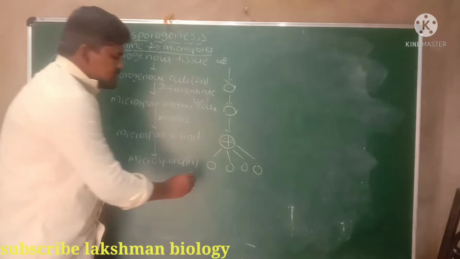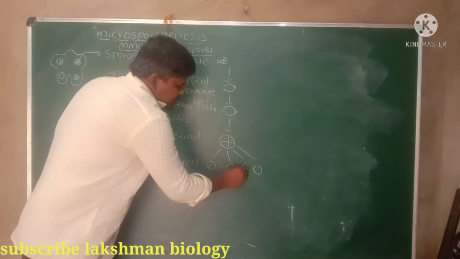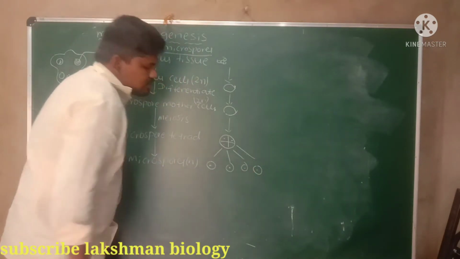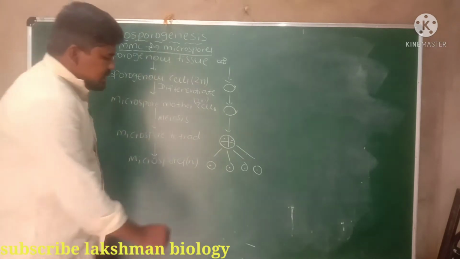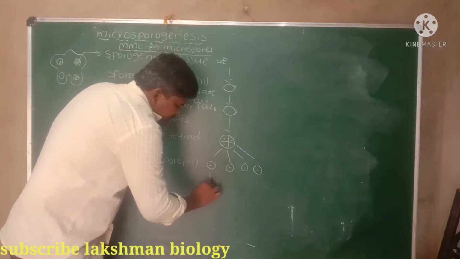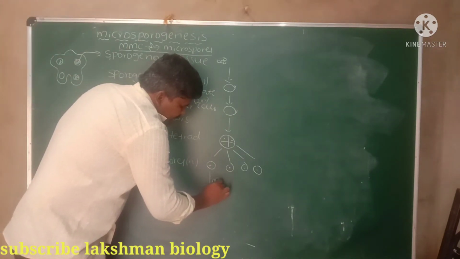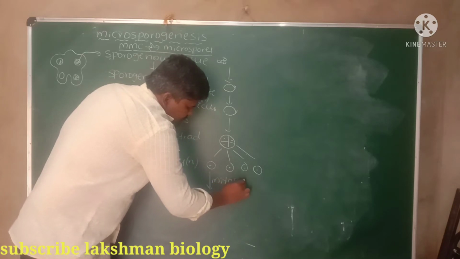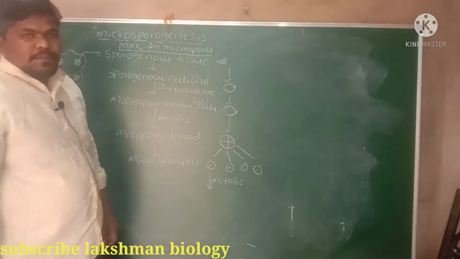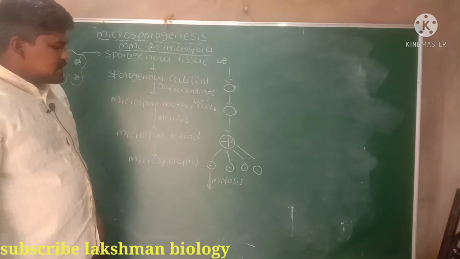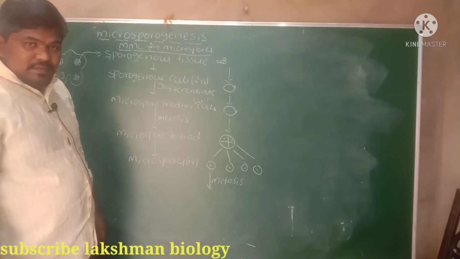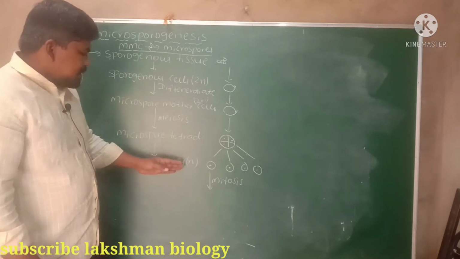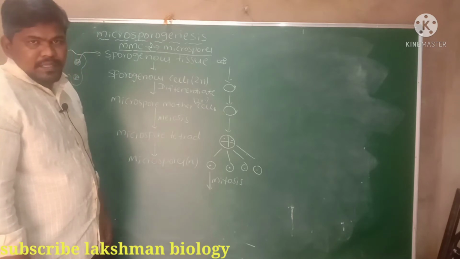See, these are the microspores. Each microspore is again involved in mitosis. Mitosis is an equational division. A haploid microspore becomes a haploid pollen grain only.